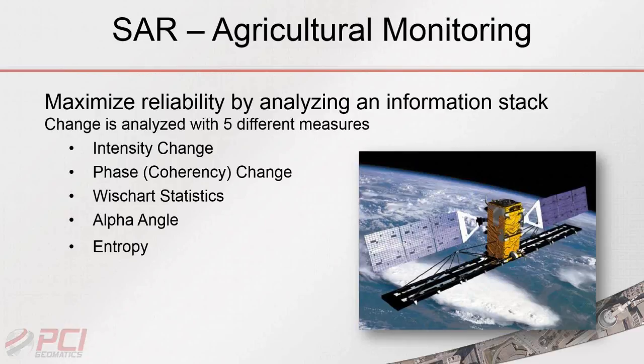So we can say something about whether it's a bright double bounce composed of buildings, or maybe it's more of a volume scattering effect over a forested area or something like that. So using all of these different mathematical manipulations of the polarimetric data, we can really build a strong picture of what radar response we're getting, and we can use that in classification approaches, which I will be demonstrating.